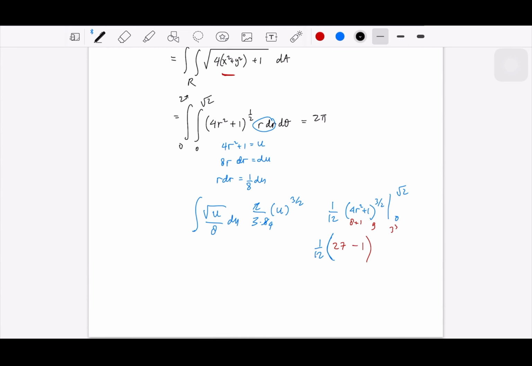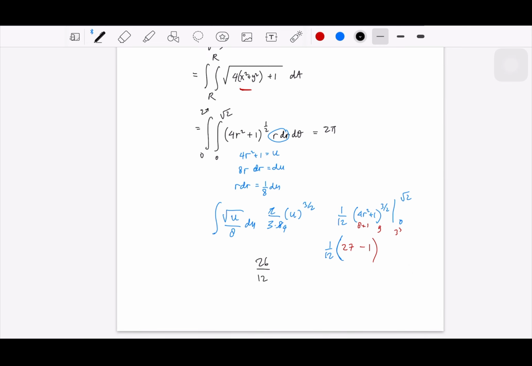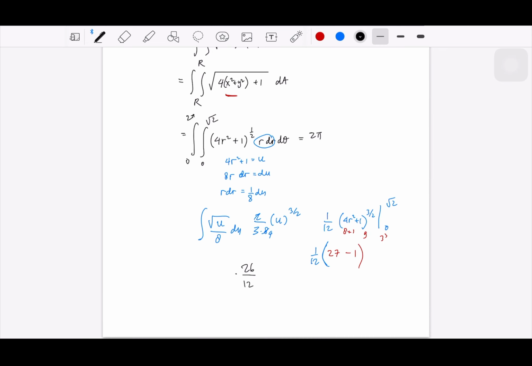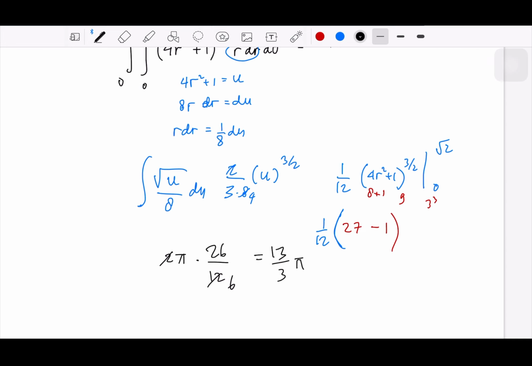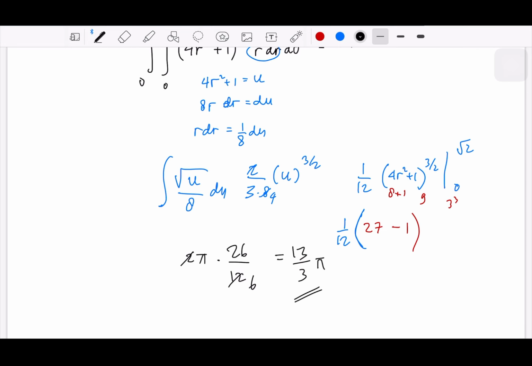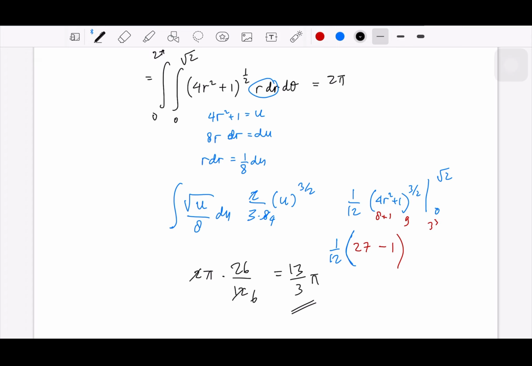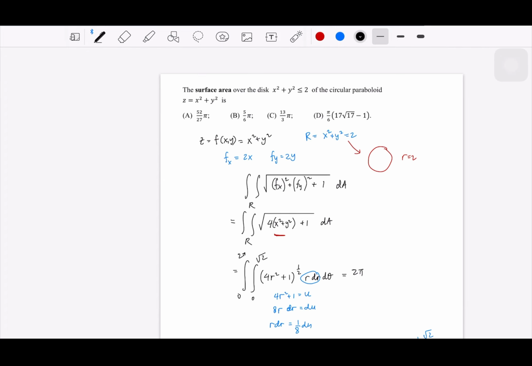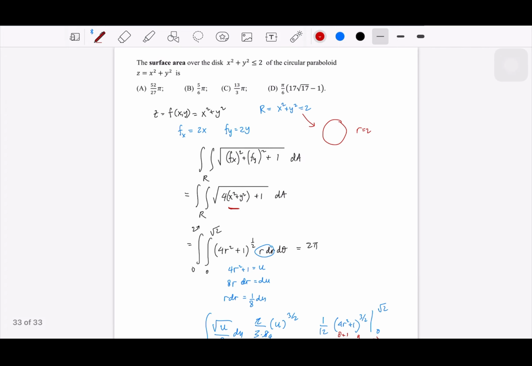So 26 over 12, and then 2 pi. So 26 divided by 2 is 13 over 3. So 13 over 3 pi. I hope you could understand my writing here. So this should be 13 over 3 pi.